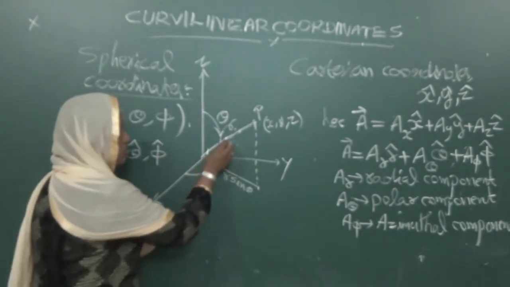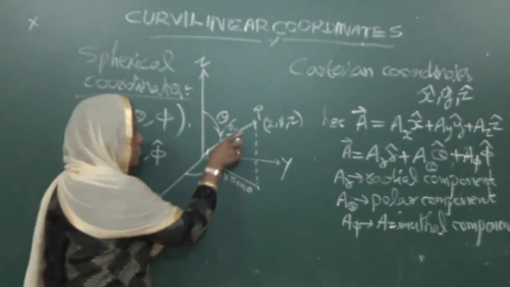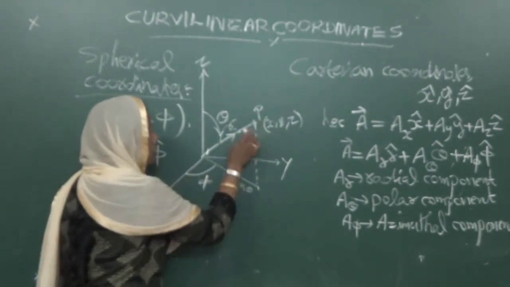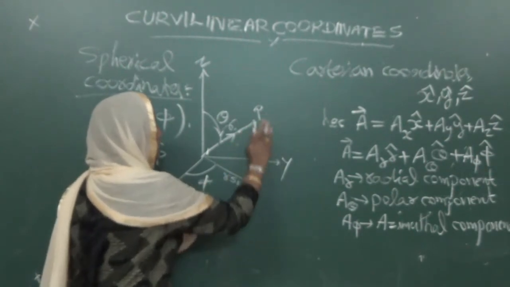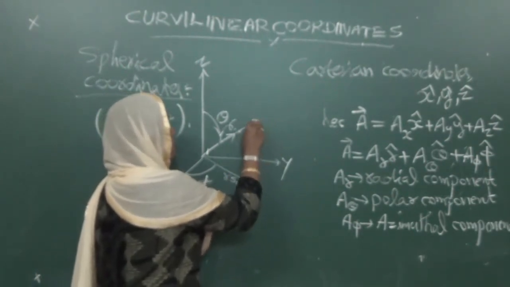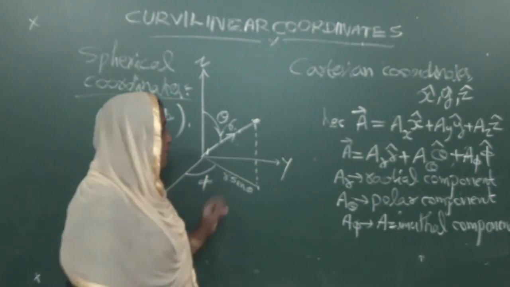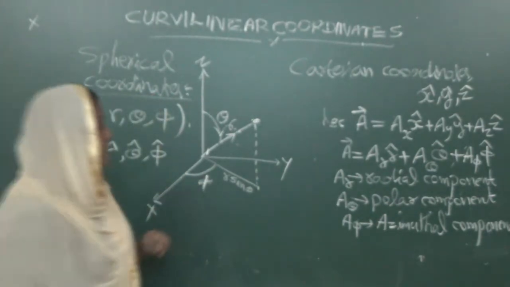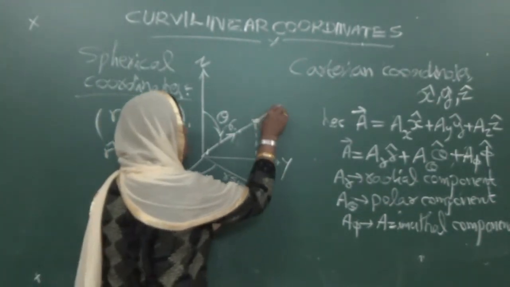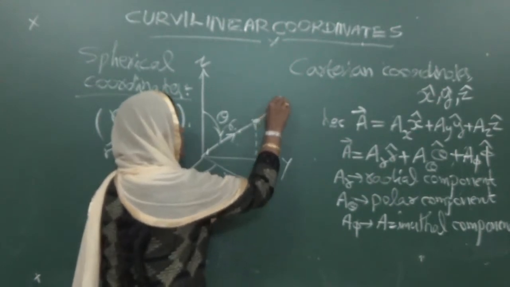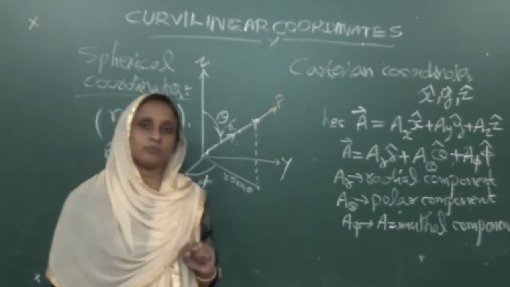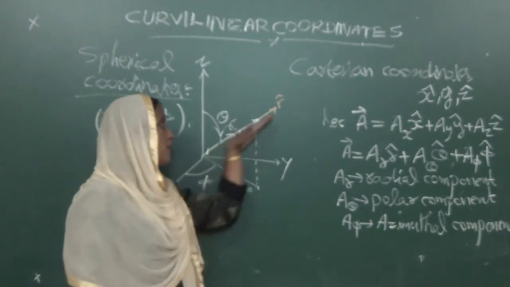So if this is the point, in this context, r cap is along this direction. Okay, this is r cap, because r increases along this direction.